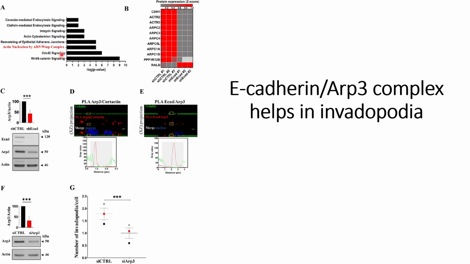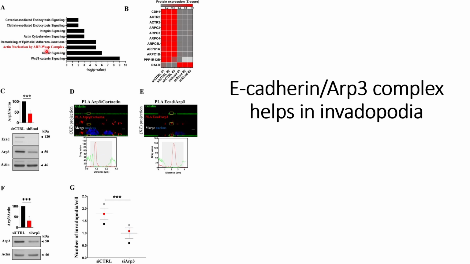Their focus is on actin nucleation by the ARP-WASP complex. The reason they focus on this is that previous literature showed a role of ARP in invadopodia formation. This is one of the main reasons they focus on the ARP-WASP complex.